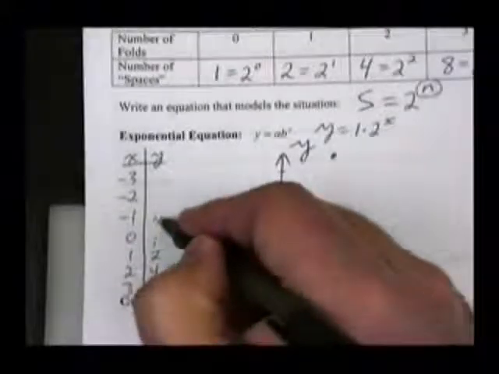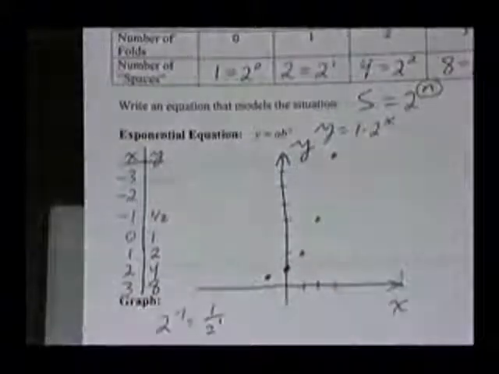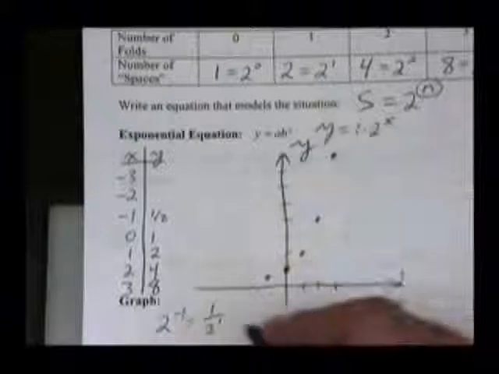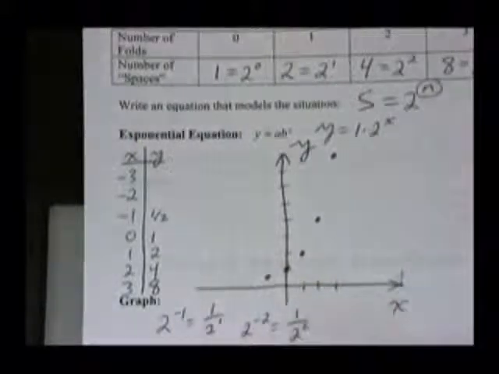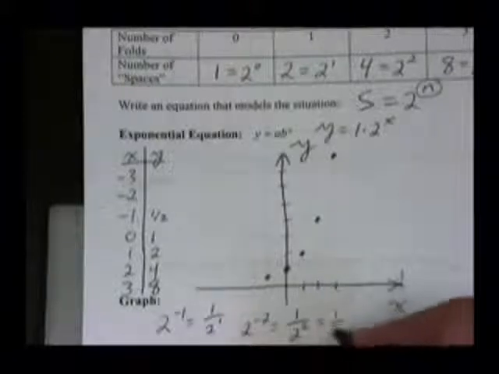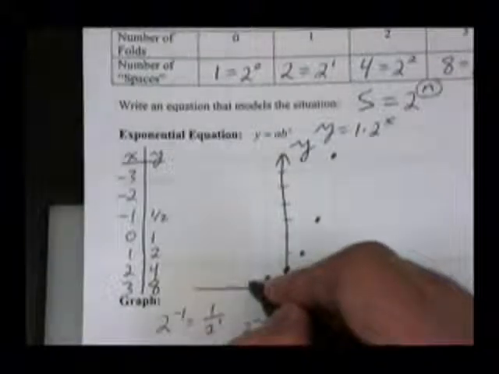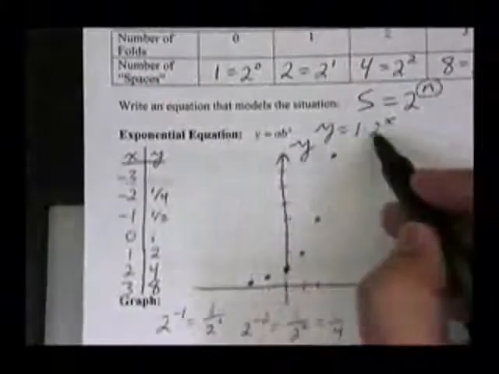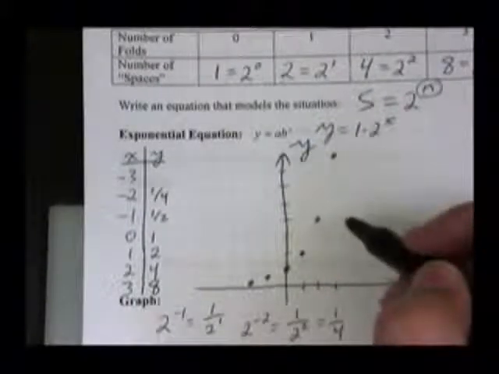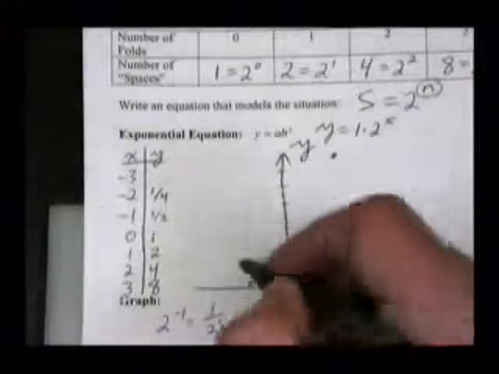When I plug in a -2, I get 2 to the -2. That would be 1 over 2 to the +2, or 1/4. So I get 1/4. And then when I plug in -3, 2 to the -3 would be 1 over 2 to the +3, which would be 1/8.